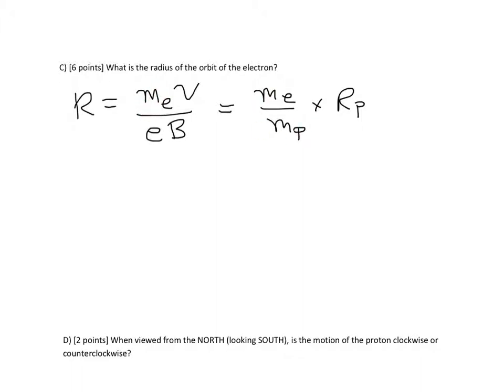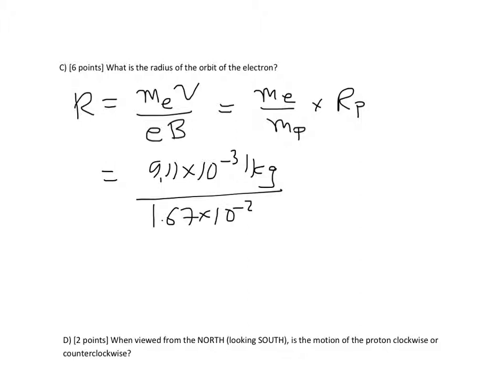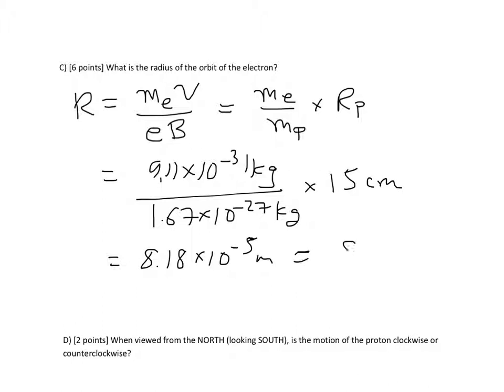So if I write it this way, I can also get the answer, and I just need the ratio of their two masses times the 15 centimeters. And this turns out to be 8.18 times 10 to the minus 5 meters, which to 2 sig figs is 82 microns.